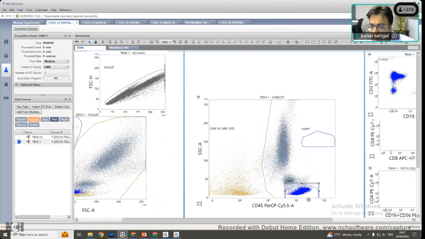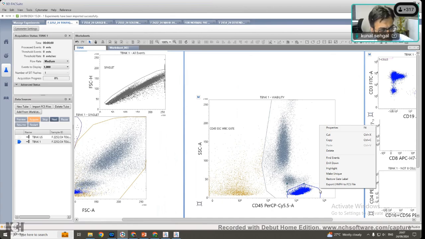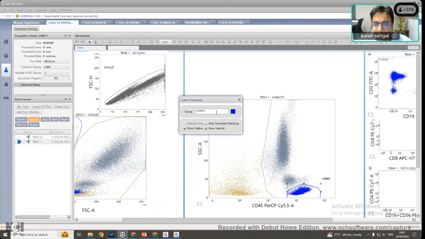I color this population blue and I name this population lymphocyte. You can choose a color of your choice, and add a short name or full name. It doesn't matter. If you want a different shade of blue, I can use that.